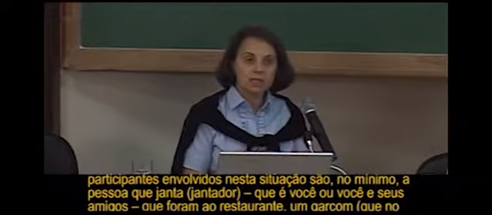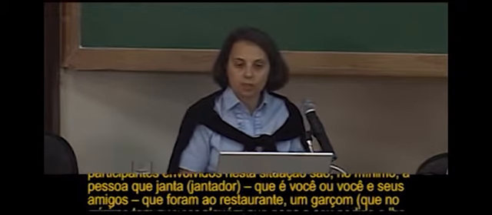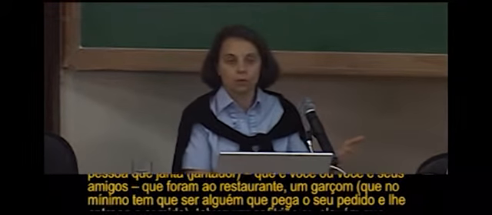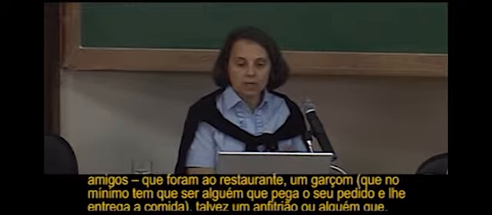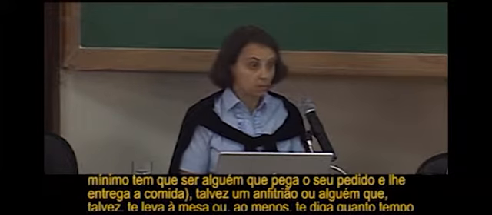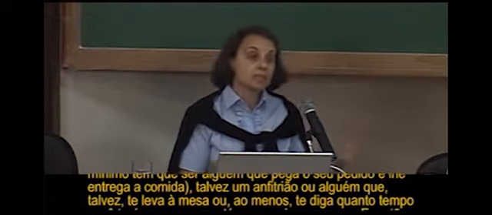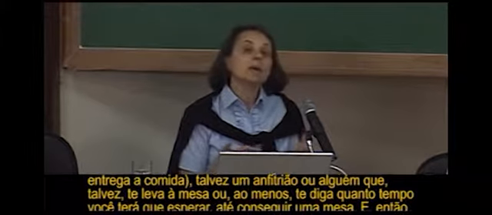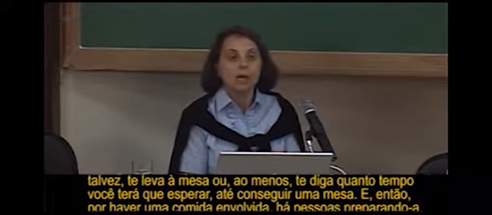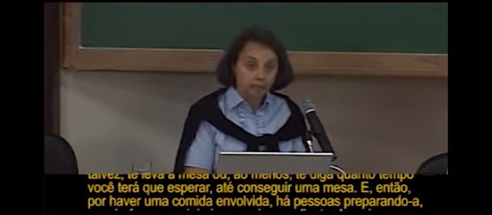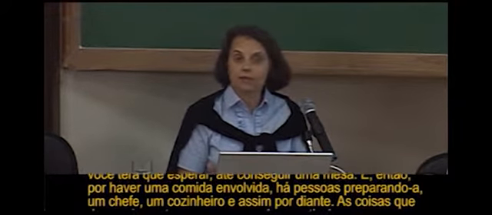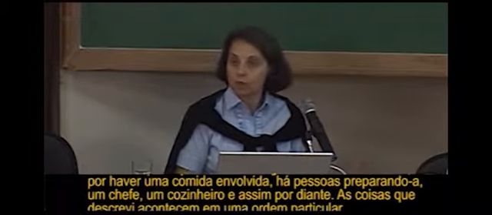And the participants involved in this situation are, at a minimum, a diner, that is you and your friends who have gone to the restaurant, a waiter. At a minimum, there has to be someone to take your order and then deliver the food. Maybe a host or a hostess, someone who perhaps seats you at the table, or at least tells you how long you're going to have to wait until you will get a seat at the table. And then, because there's food involved, there are people preparing the food, a chef, a cook, and so on.